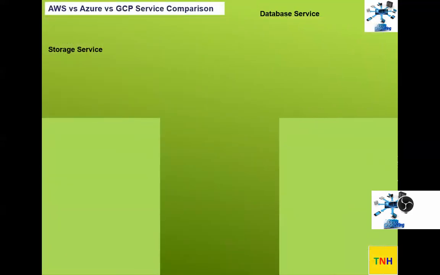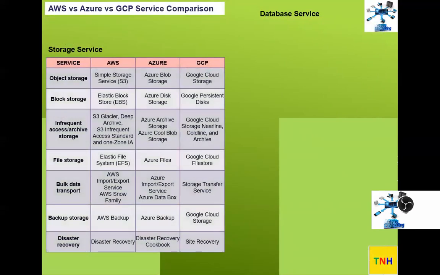So we have more services. I have selected most of the popular services, then the storage. For service comparison of storage, we have AWS S3, Azure Blob, and Google Cloud Storage, which is for object storage. We have block storage, then frequent, archive and infrequent access data, cold and hot data, file storage, bulk data transport.